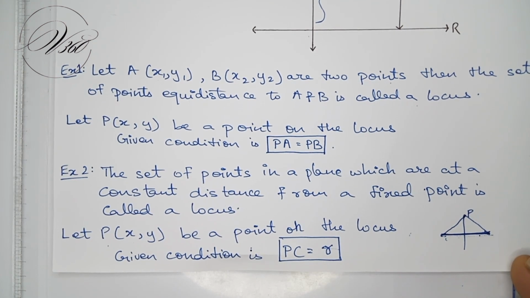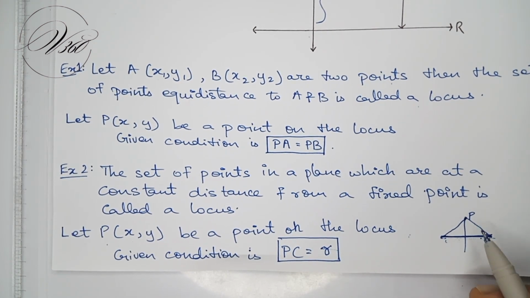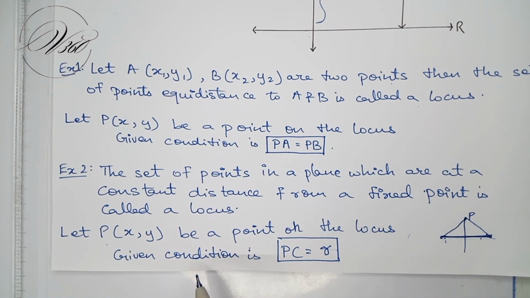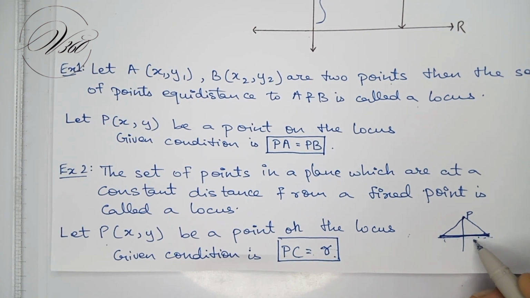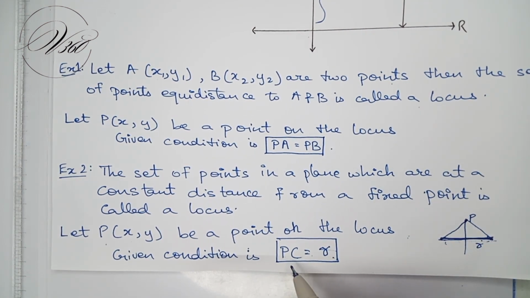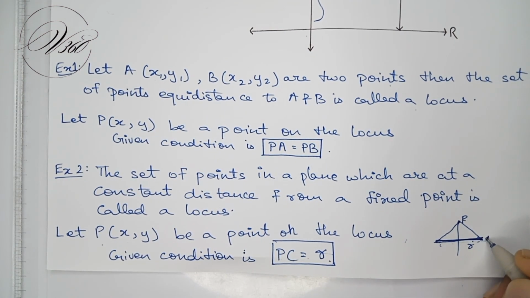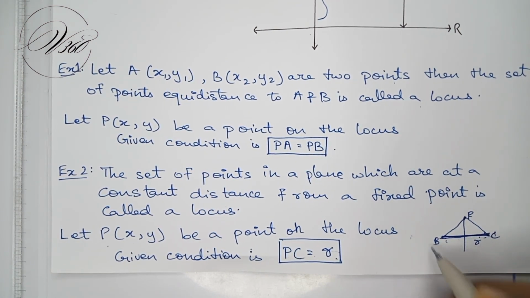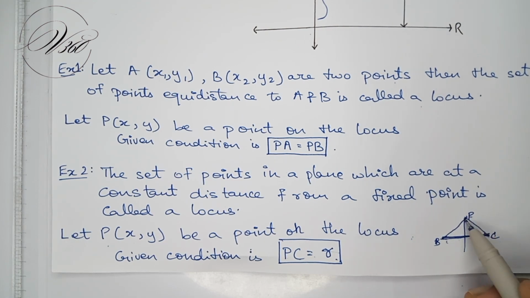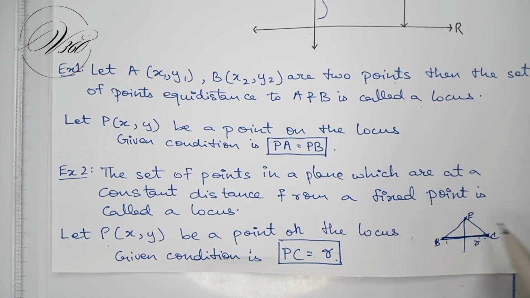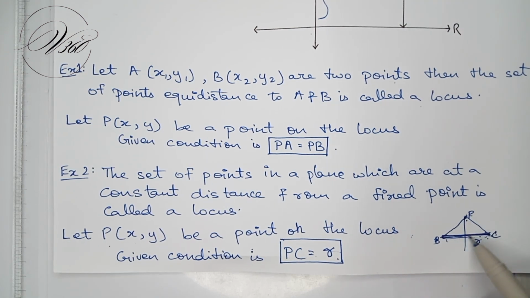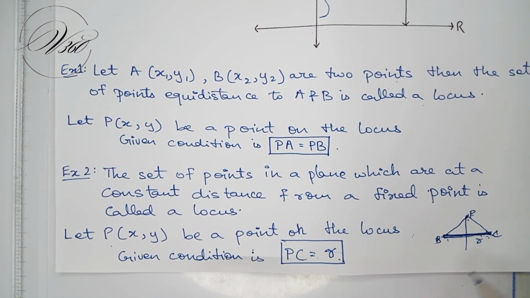Wait a minute. Right, first I will explain this and explain you. PC, here given condition is PC is equals to R. What is R? This line is R. Here not only PC, we will have two conditions, that is PC, right? Here we will take B. Okay. Here PB and PC are equal. If we take PB and PC and solve through distance formula, we will get R, right?